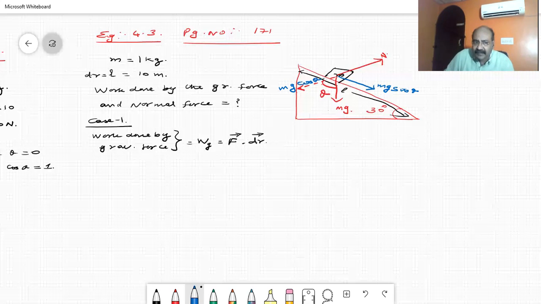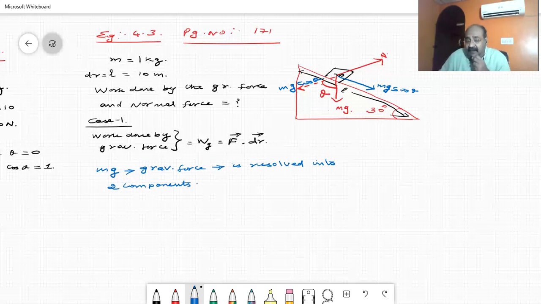So we can write the gravitational force as mg. This gravitational force mg is resolved into two components. See, the component which is along the inclined plane, along which the work is said to be done.